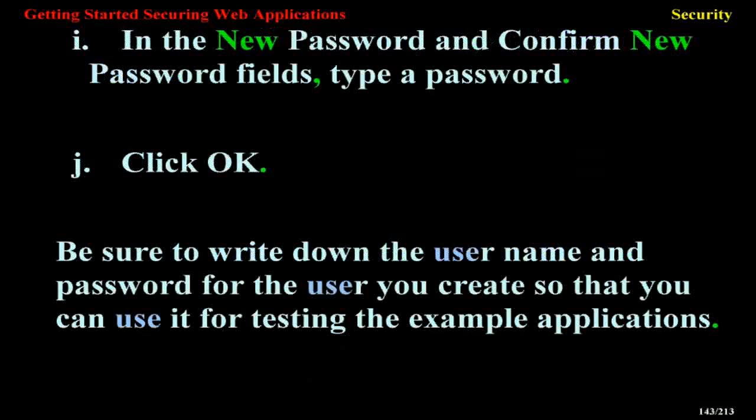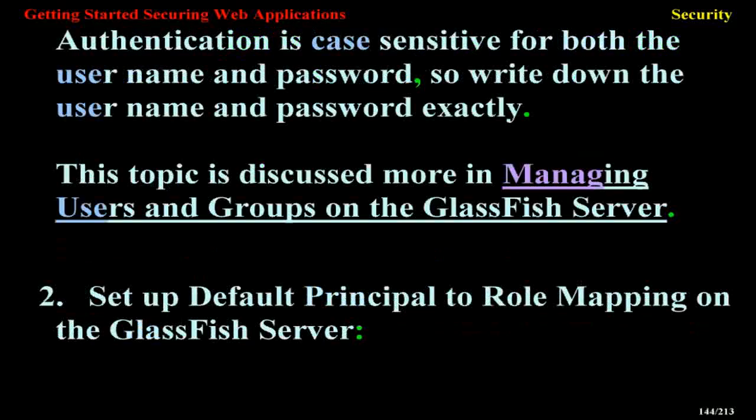In the New Password and Confirm New Password fields, type a password. Click OK. Be sure to write down the username and password for the user you create so that you can use it for testing the example applications. Authentication is case-sensitive for both the username and password, so write down the username and password exactly. This topic is discussed more in Managing Users and Groups on the GlassFish Server.